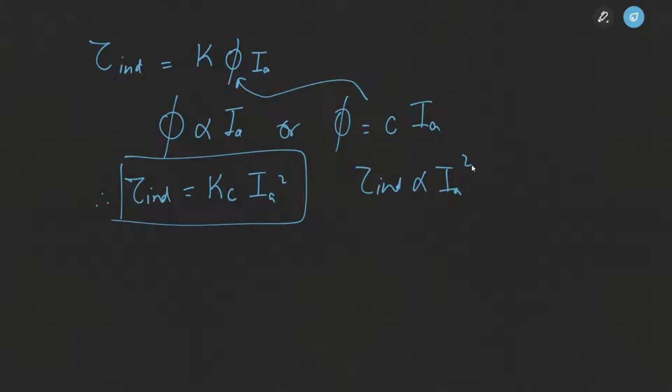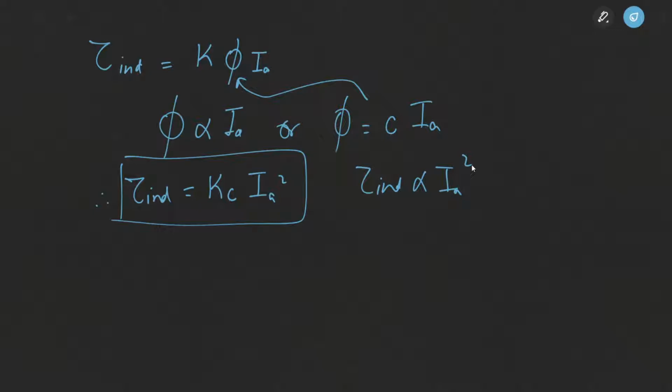So what does this basically imply? This means that in a DC series motor, the torque produced will be more.